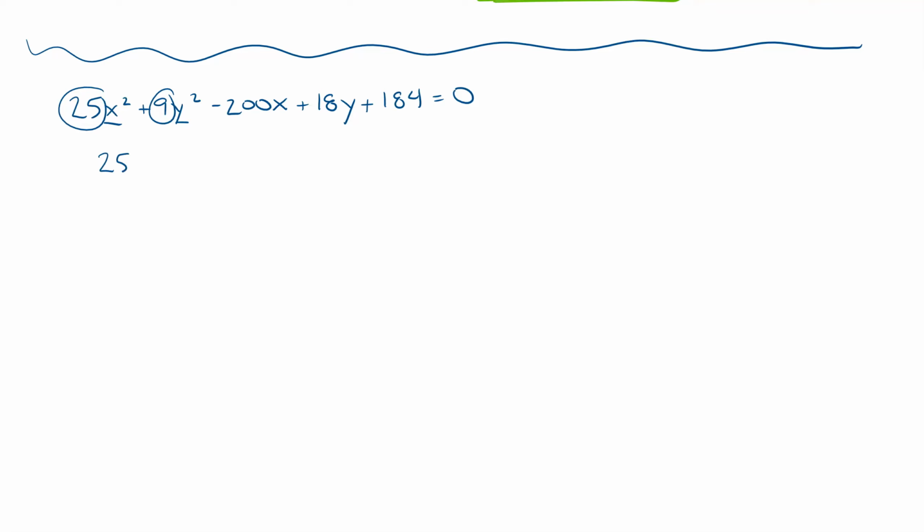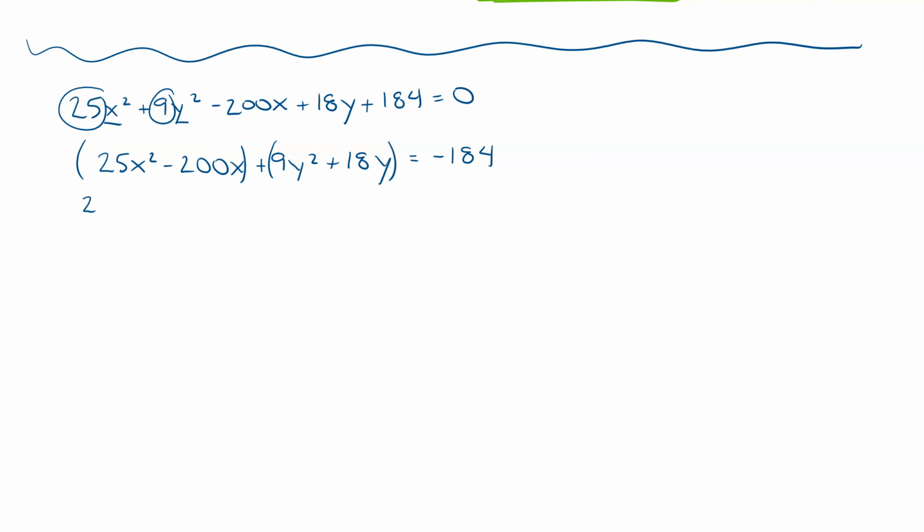So let's get our x's with our x's, our y's with our y's, and our numbers on the other side. And we group them. And this is why I didn't want the idea of just dividing by the coefficient to be the only idea that you had. Because if we divided the whole thing by, say, 25, that wouldn't help us with this 9 over here. We would still have mismatching coefficients.